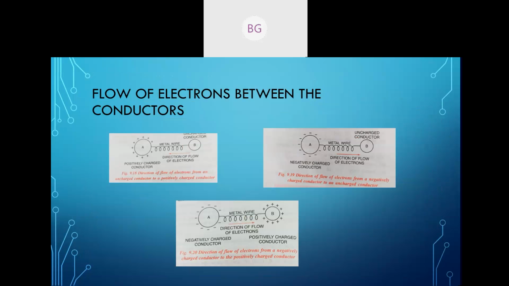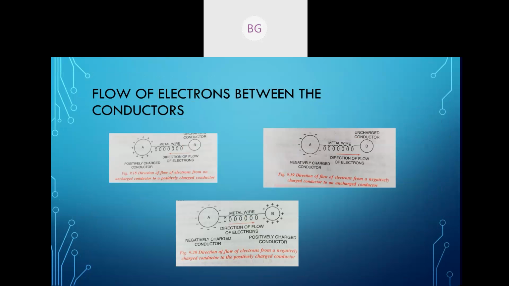Whenever the number of protons and number of electrons are not equal to each other in the given object, then we say that the body is charged. That body can be positively charged or negatively charged depending on the number of protons and electrons.